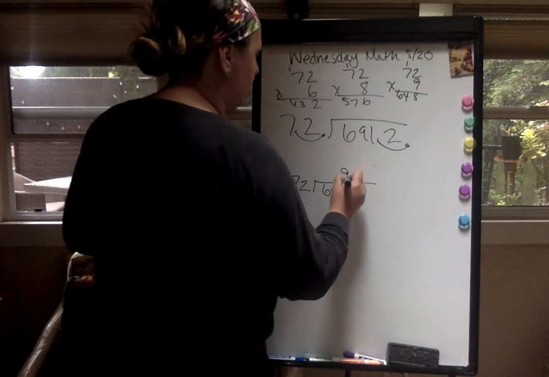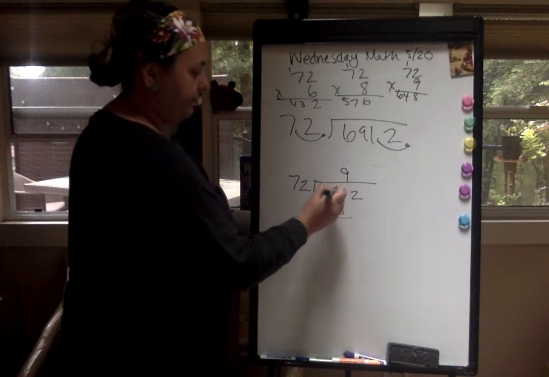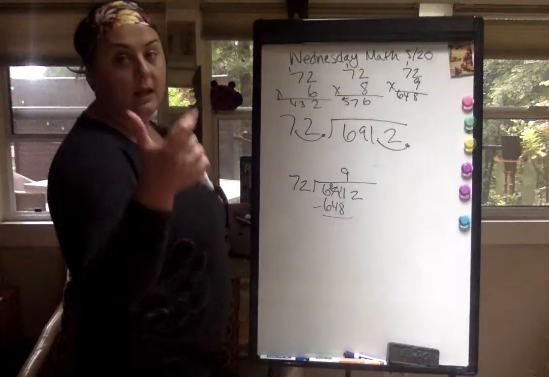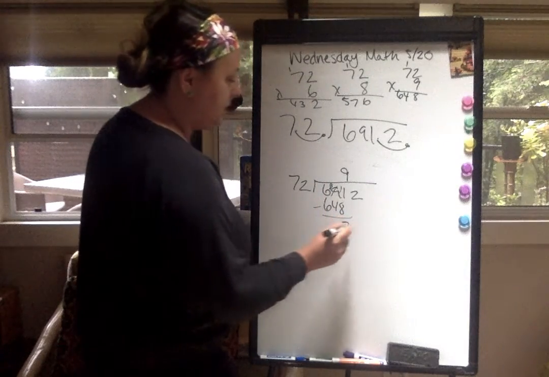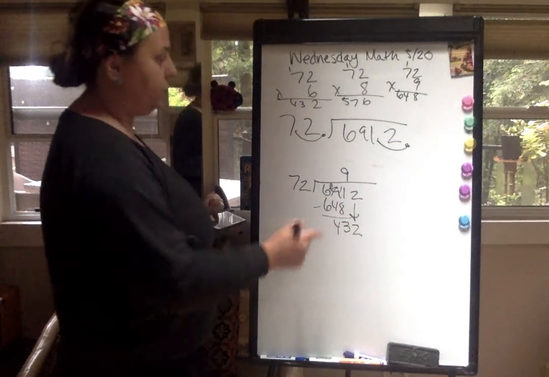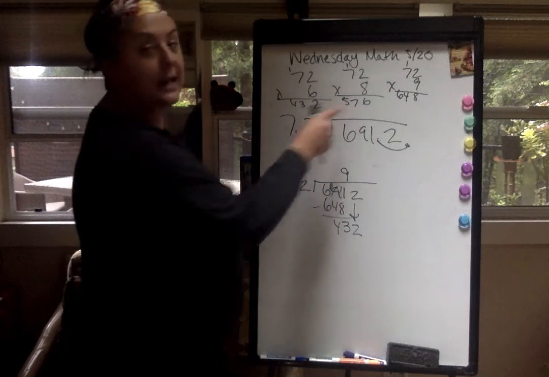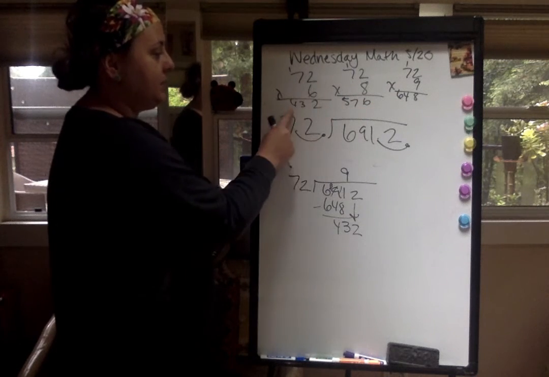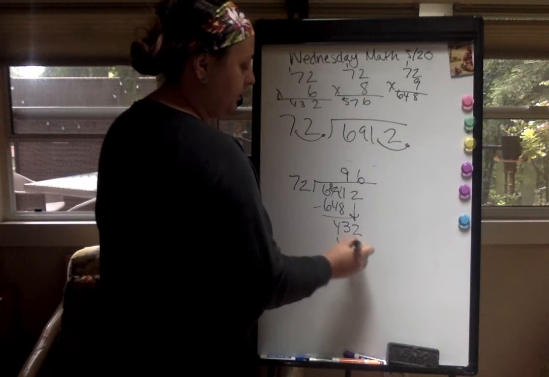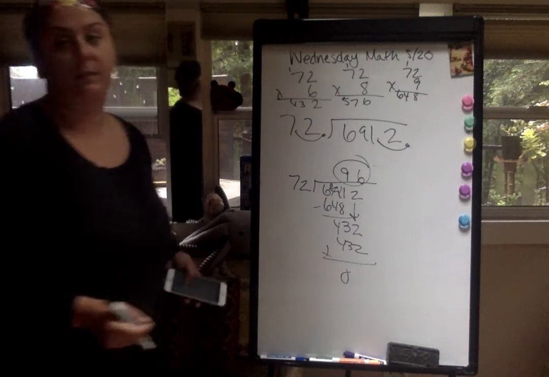So 9 and 648, and we're going to subtract. We know that we can't take 8 from 1, so 8, 9, 10, 11. It's 3, 4. Bring down the 2. Ooh, so see, this works out. So when you do your guesses, you know that 72 times 6 is 432. So it wasn't for nothing. Answer's 96.